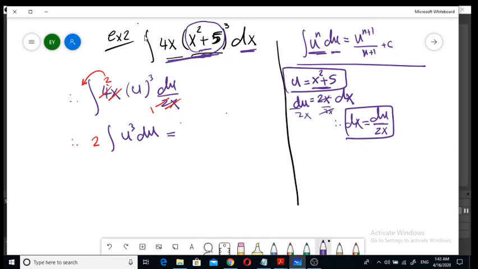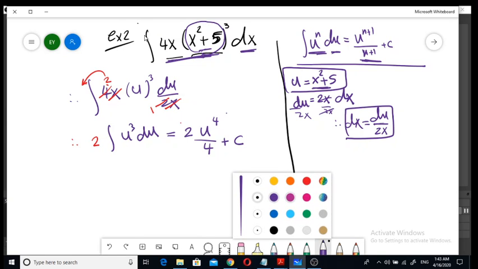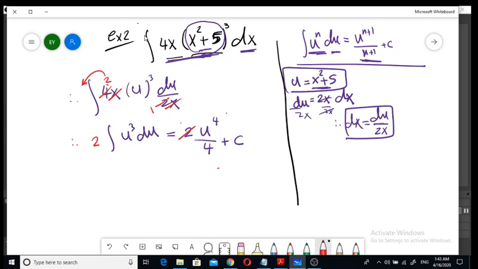Then easily we can apply this rule. So we have 2 u power 3 plus 1, which is 4, over 4 plus c. Also we can simplify 2 over 4, and this is going to be u power 4 over 2 plus c.